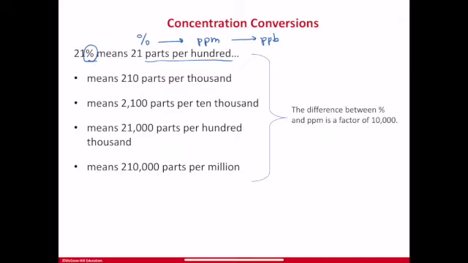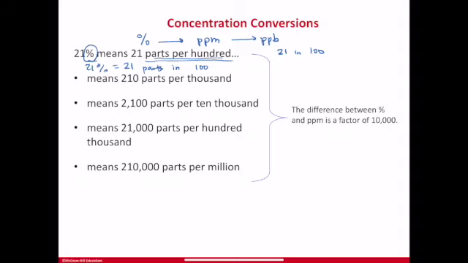So if we were to do this stepwise, 21% means you have 21 in 100. So 21 parts in 100 is parts per 100, 21%.